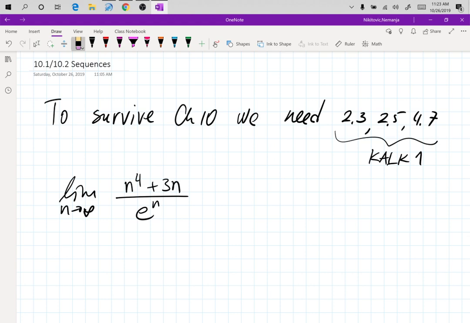Therefore this limit will be 0 just by looking at it, because you have a slow growing function divided by a fast growing function.